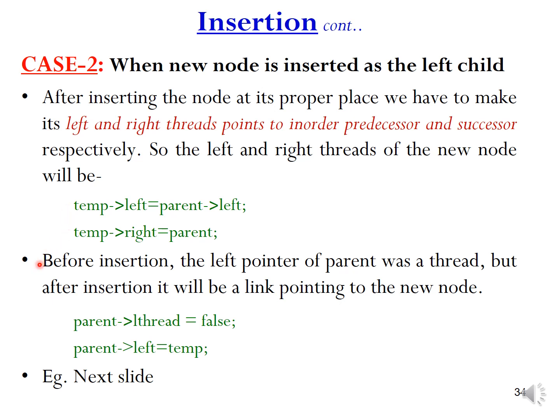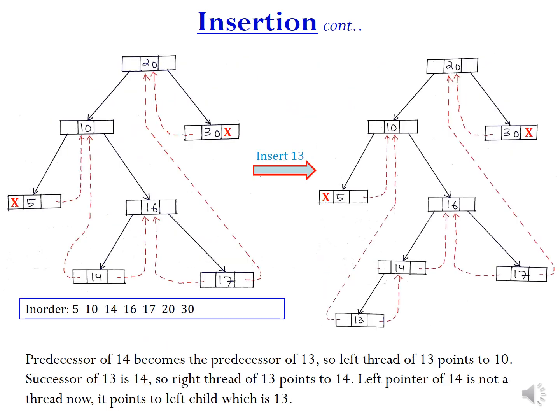But before insertion, the left pointer of the parent was a thread earlier, and now it will be a link pointing to the new node. In this way, parent left thread is false, and parent left is temp. We can see it on the next slide, with the help of the diagram, and understand how it happens.